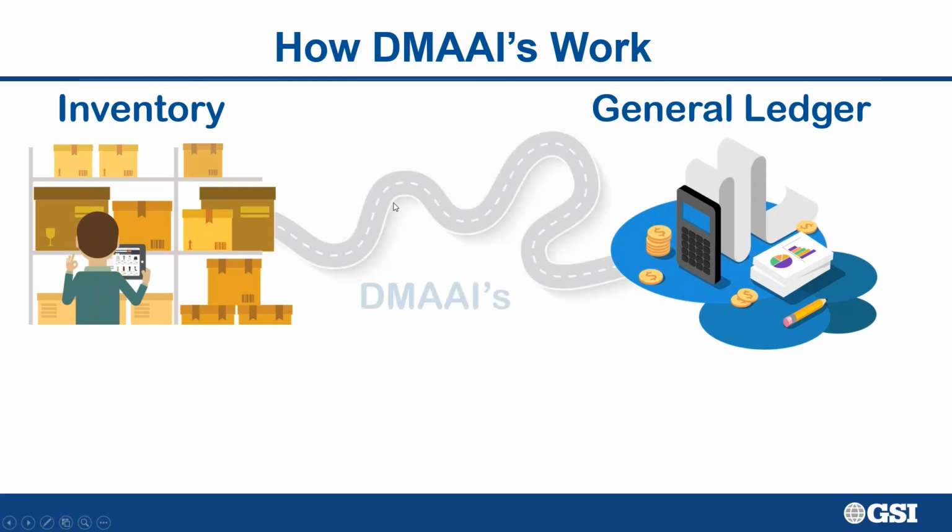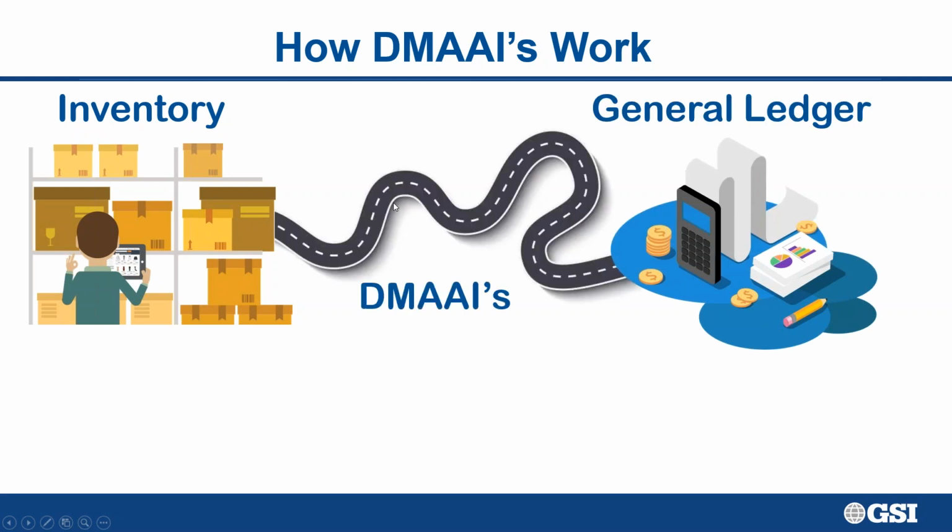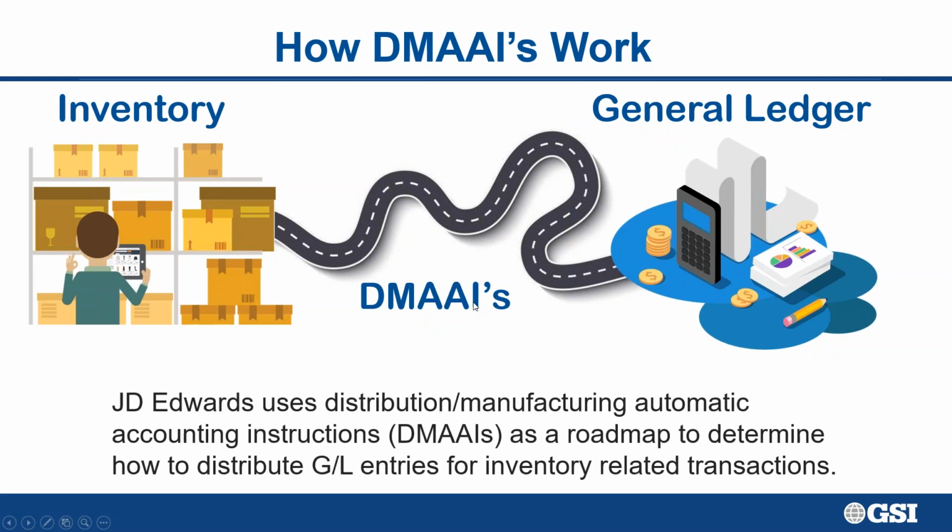So what we do is we use DMAAIs, for the distribution, manufacturing, automatic accounting instructions, as the roadmap to determine how to distribute the GL entries for these inventory transactions. So to get from the actual screen that the end user is keying on into the general ledger, there's a map, and that map is the DMAAIs.